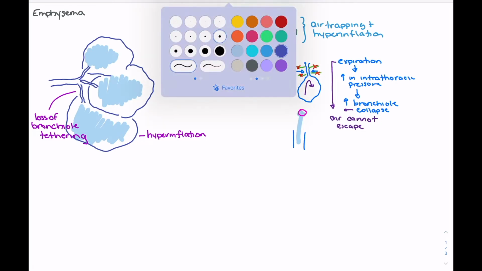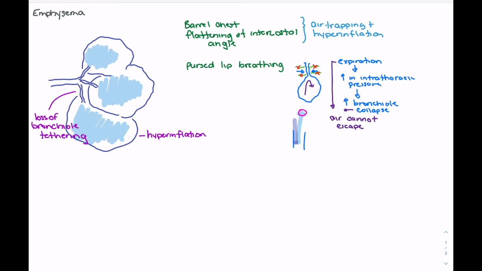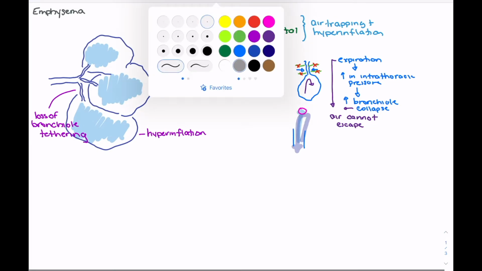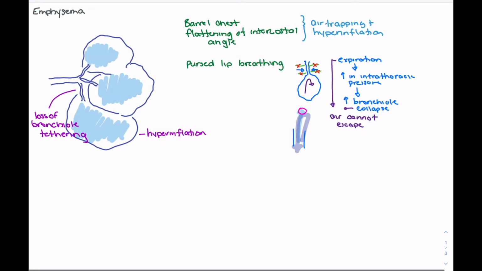But we're going to have that other volume of air that's trying to escape that is smacking against the pursed lips and is going to move back into the patient's airway. And the benefit of this is that it stents the alveoli open, or rather stents the bronchioles open.